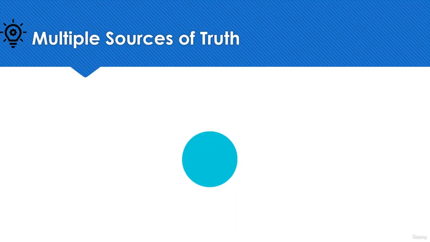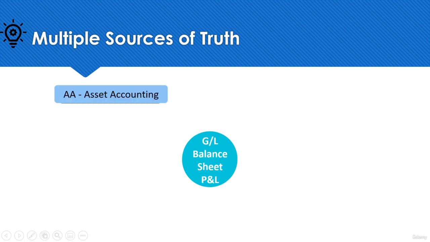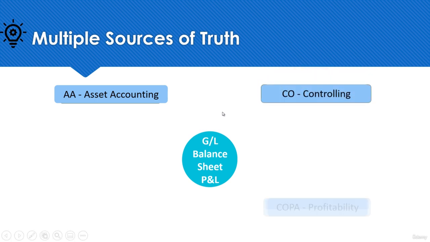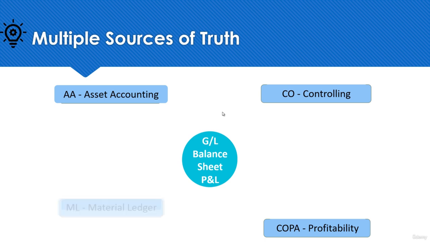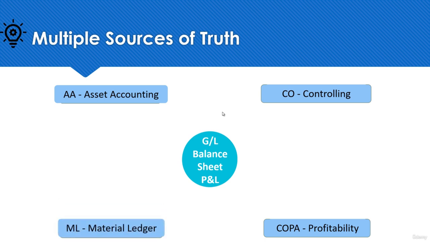So Universal Journal is a single source of truth, but before Universal Journal, there were multiple sources of truth. For example, the combination of multiple tables such as asset accounting, controlling, profitability analysis, that is COPA, and material ledger, represents the truth.